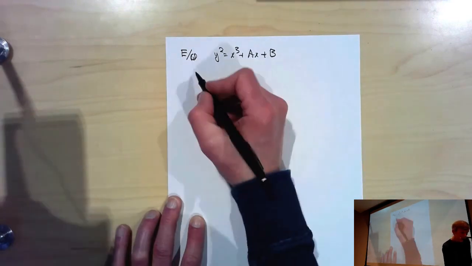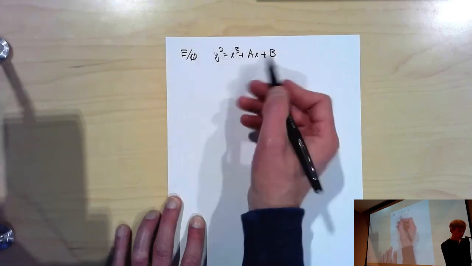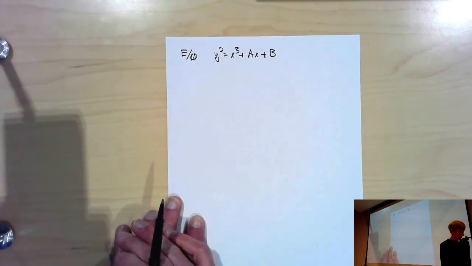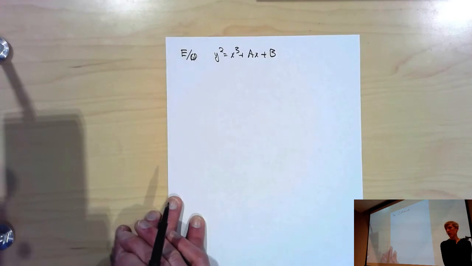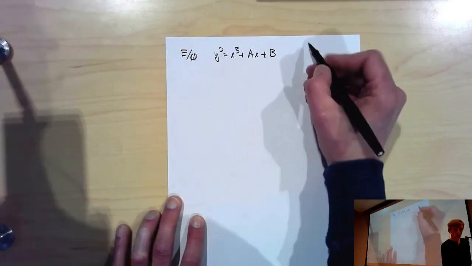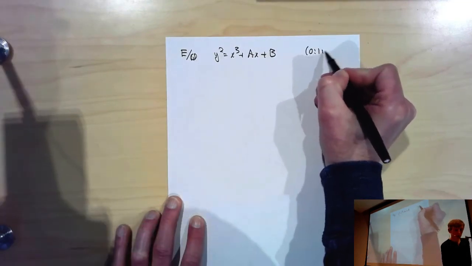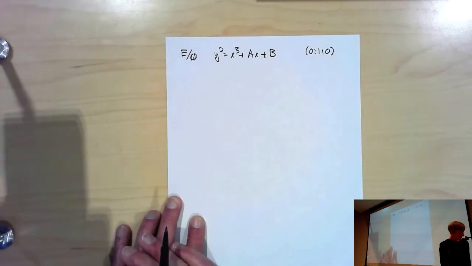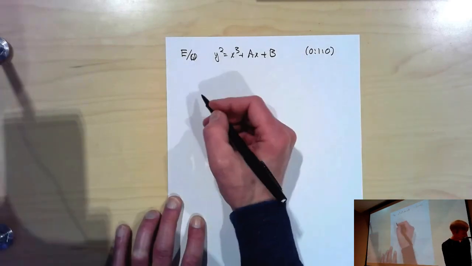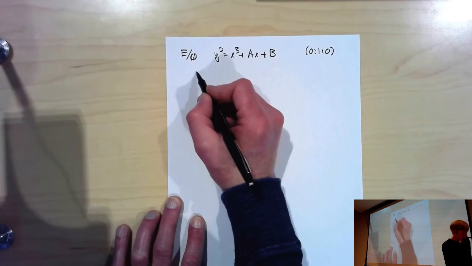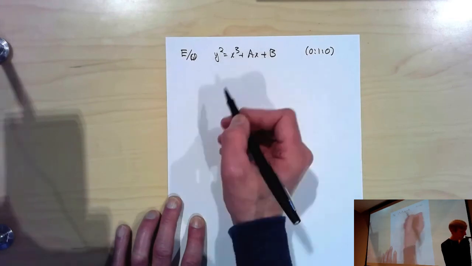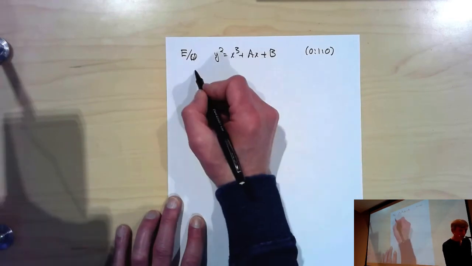We're always, of course, interested in the smooth projective curve defined by this equation. We have a distinguished rational point on our curve, the point at infinity. As a projective curve, our distinguished point is always going to be this one. And we're going to be interested in primes of good reduction. These are the primes where, if we reduce A and B mod p, we get an elliptic curve over F_p.